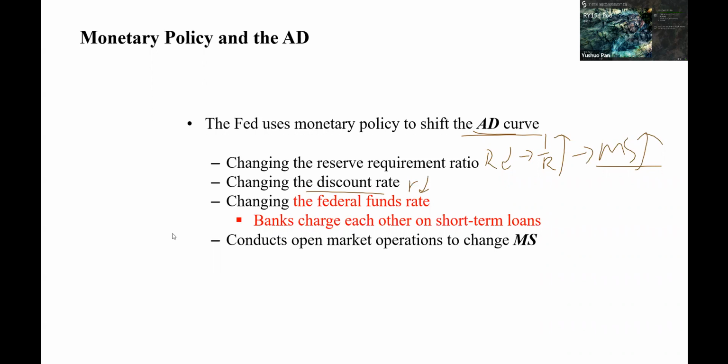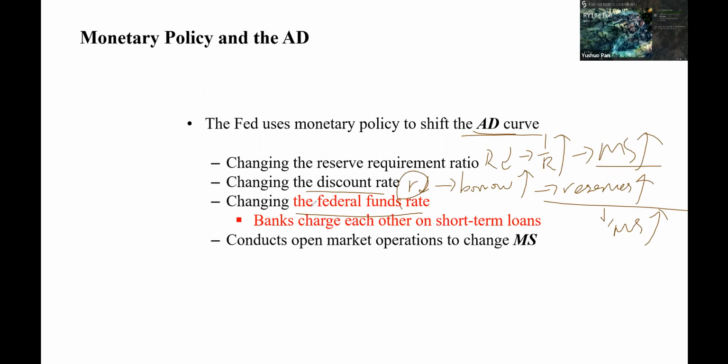The other is changing the discount rate. That is R. If R is decreasing, banks have more incentive to borrow more money. So borrowing increases, which means reserves increase. And if banks have more reserves, then the money supply increases as well. Changing the federal funds rate is the same as the discount rate.